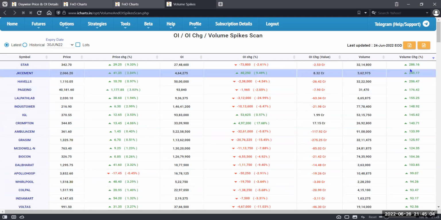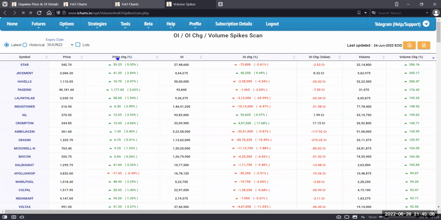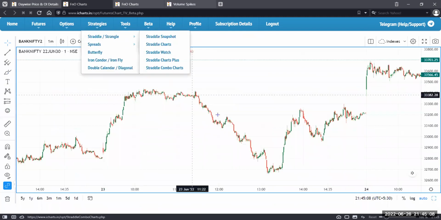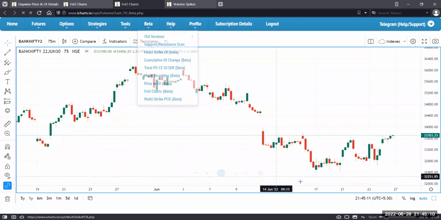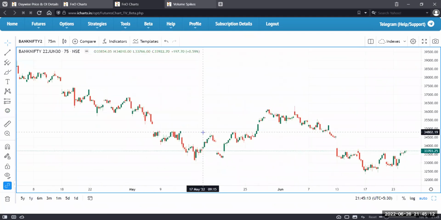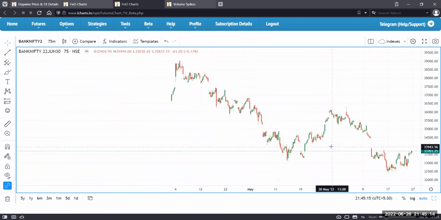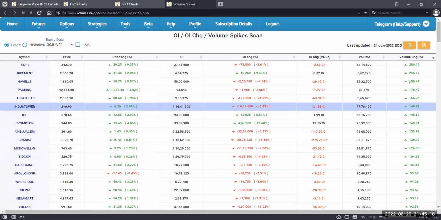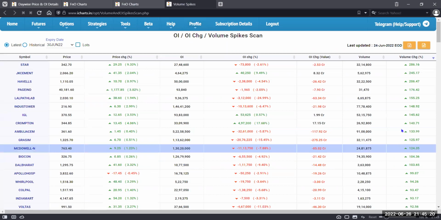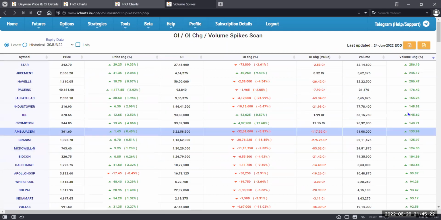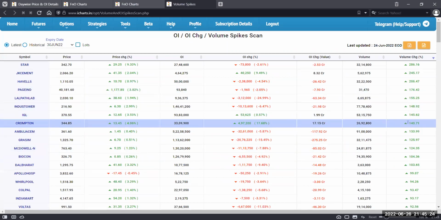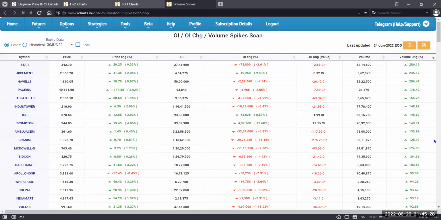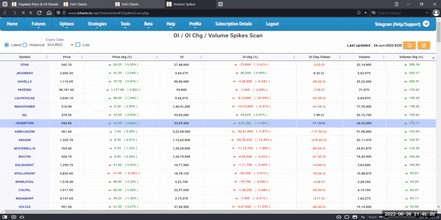Many times I've seen, when the whole down move was going on, even on up days like this, there was absolutely no strength here. A 100% plus volume change means, compared to the previous day, volume is double today. So price also has to be positive and the volume has to be double the previous day.